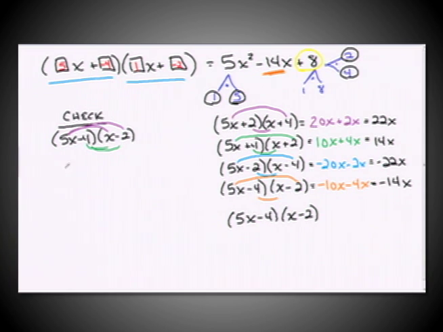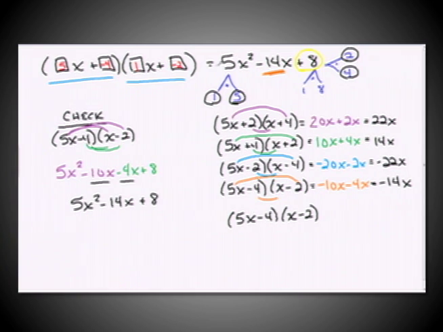So 5x times x is 5x squared. 5x times negative 2 is negative 10x. Negative 4 times x gives negative 4x. And negative 4 times negative 2 is positive 8. And when I combine my like terms, I get 5x squared minus 14x plus 8.